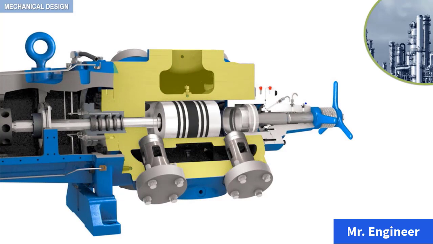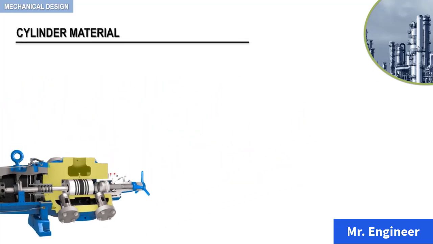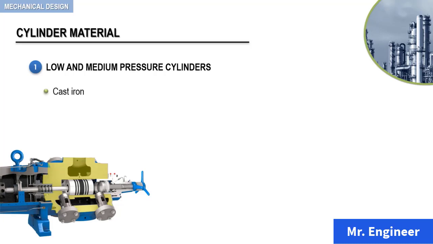Cylinders are made of material selected for the particular pressure and gas being handled. Variables which must be considered in the selection of materials include cylinder bore diameter, pressure differential, and the type of gas to be handled. Low and medium pressure cylinders are normally made of cast iron, but are also available in cast steel, depending on the application.